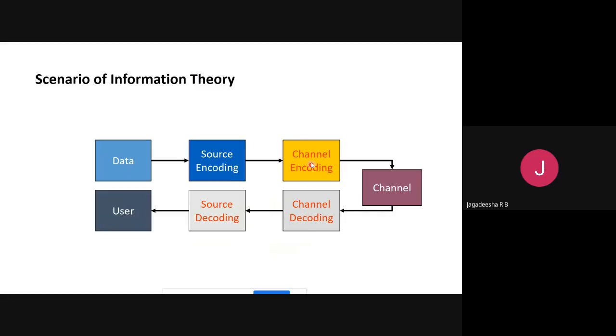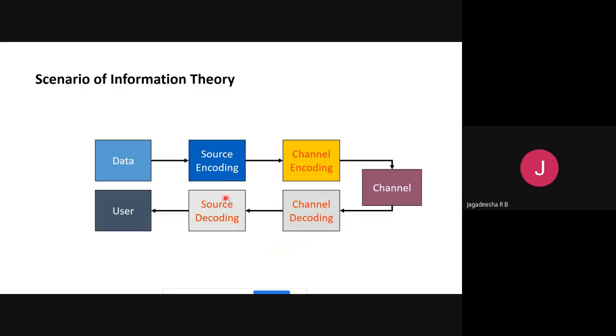At the channel encoding stage, we added some additional bits to make the data much stronger to overcome the effect of the channel's degradation. Now we try to remove those additional bits. So basically at the channel decoding, we do exactly the reverse process of channel encoding. After that we get the data bits, the message bits.